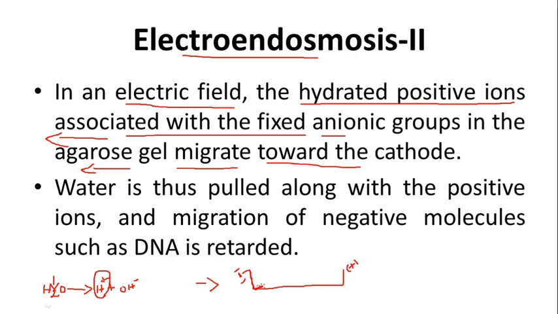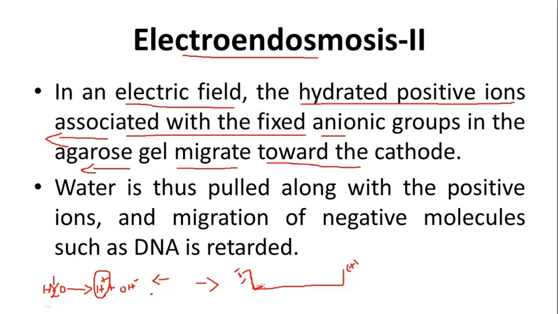These hydrated positive ions cause some ionic clouds. The hydrated ionic clouds are created at the cathode side, and these clouds are easily attracted by the cathode.